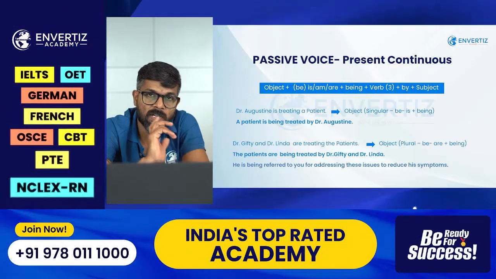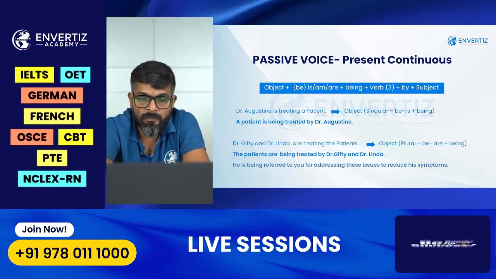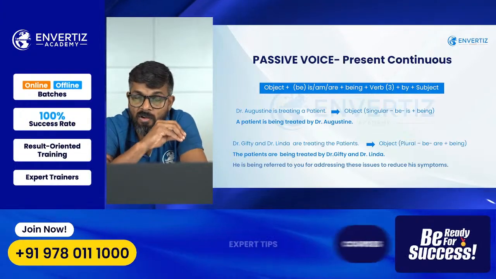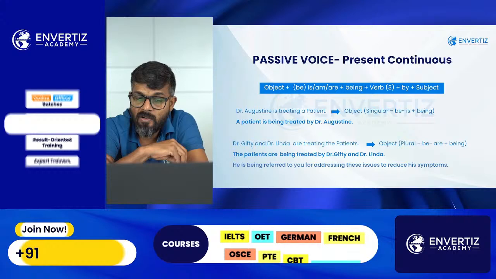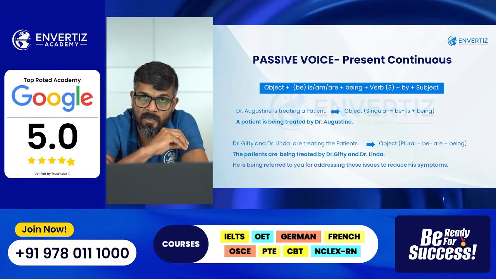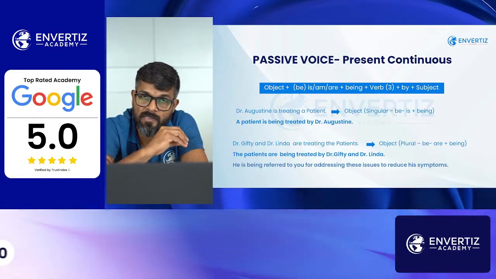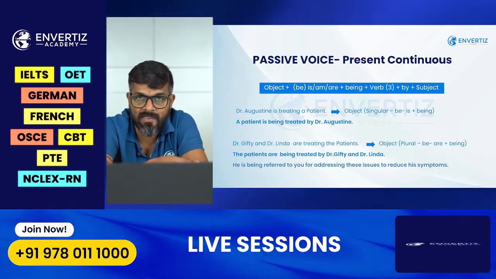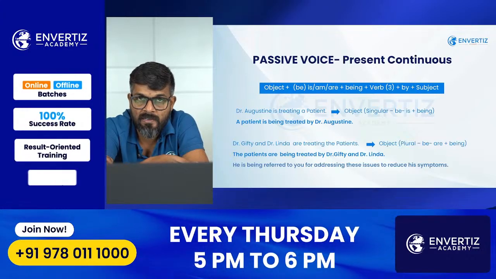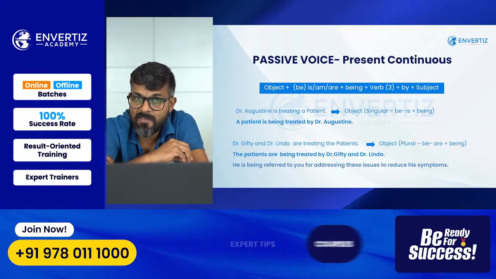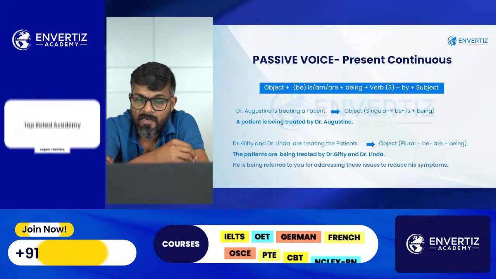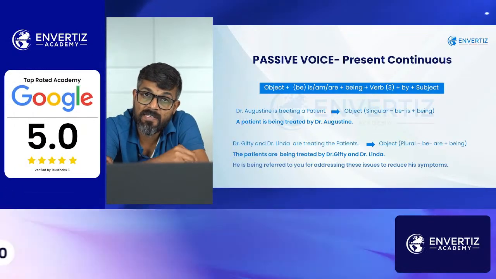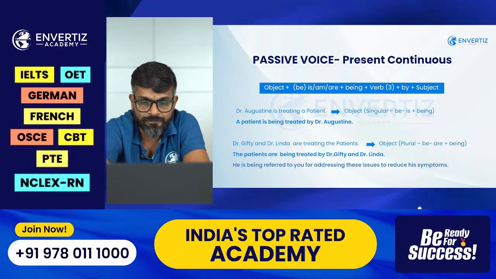Now we need to convert into passive. A patient. Here again we need to give emphasis to the object. Which is the object? The object is a patient. Is a patient singular or plural? It is singular. So, a patient is being treated. A patient is treated is present tense, and a patient is being treated is present continuous tense, right?